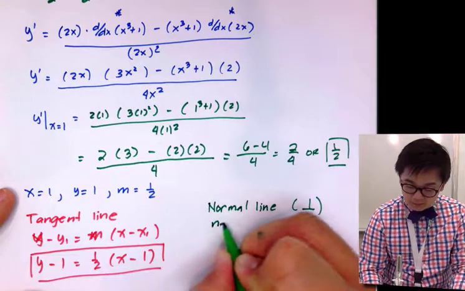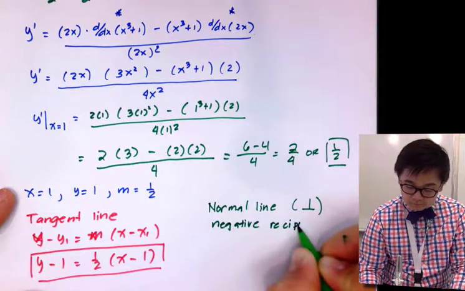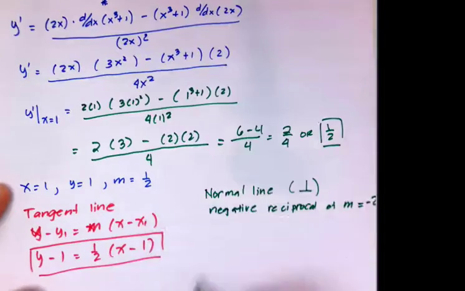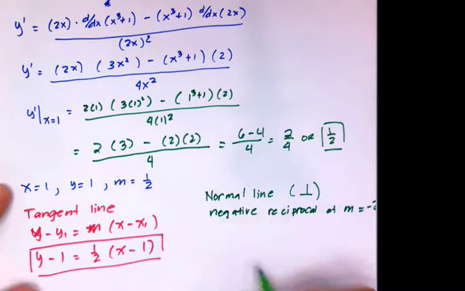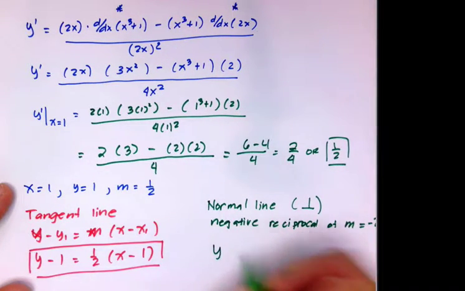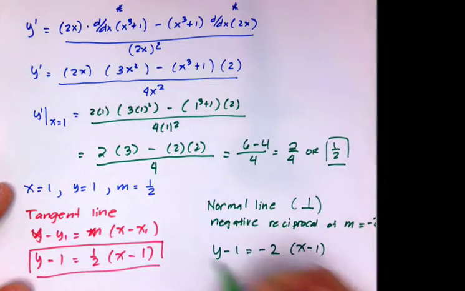So the negative reciprocal of m, which is 1/2, is simply negative 2, so we can now write our normal line, which is y minus 1 equals negative 2 times x minus 1.